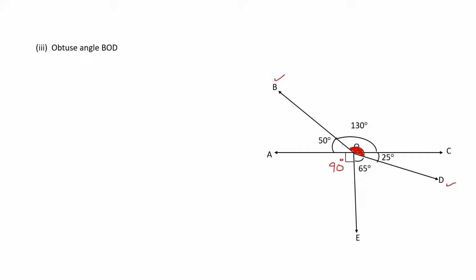Now to find this, what do we do? Angle BOD equals angle BOC plus angle COD. Can you see that? You just have to add up these two angles, and you will get that. So let us substitute the values. Angle BOD is equal to, how much is BOC? BOC is 130 degrees.